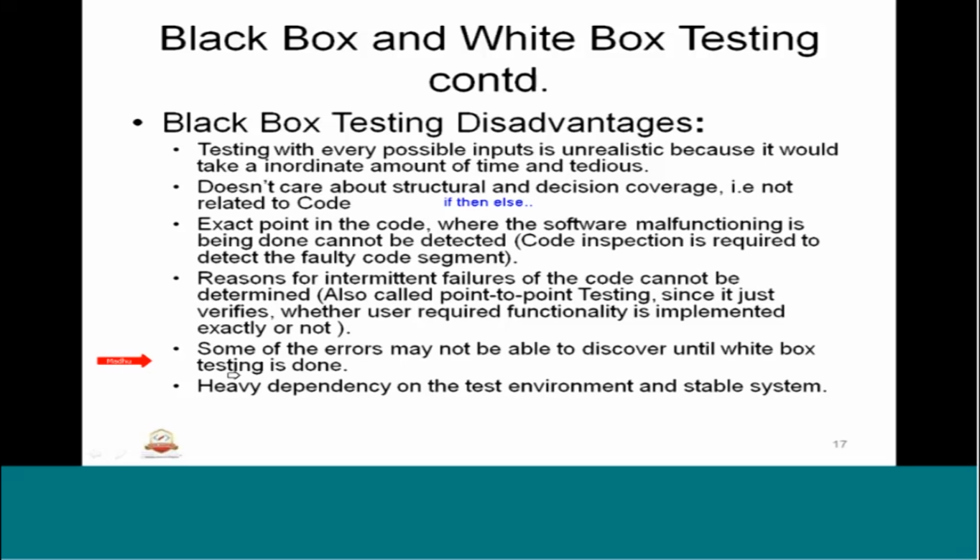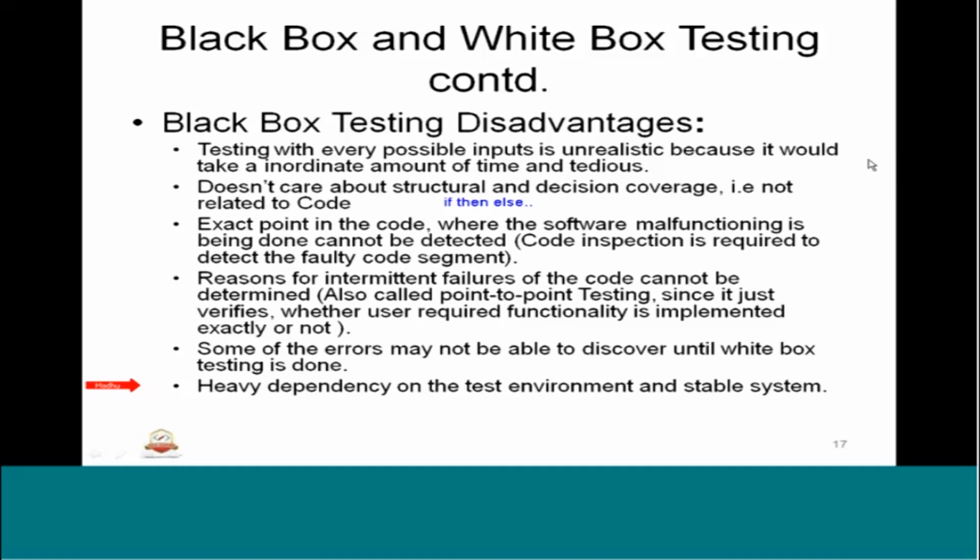And the last disadvantage is the heavy dependency on the test environment and a stable system. It is very important. We need to have a very predictable and dependable stable system, so such an environment we need to have. That's a challenge. That is why we have a heavy dependency for black box testing.